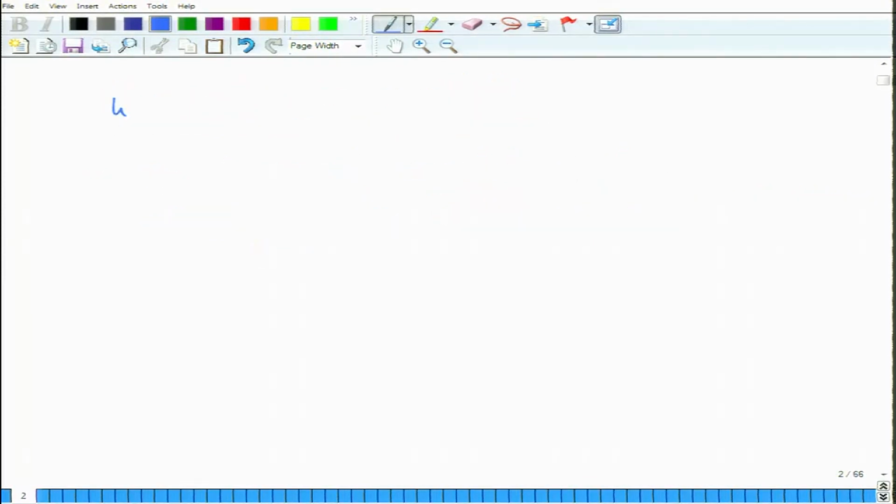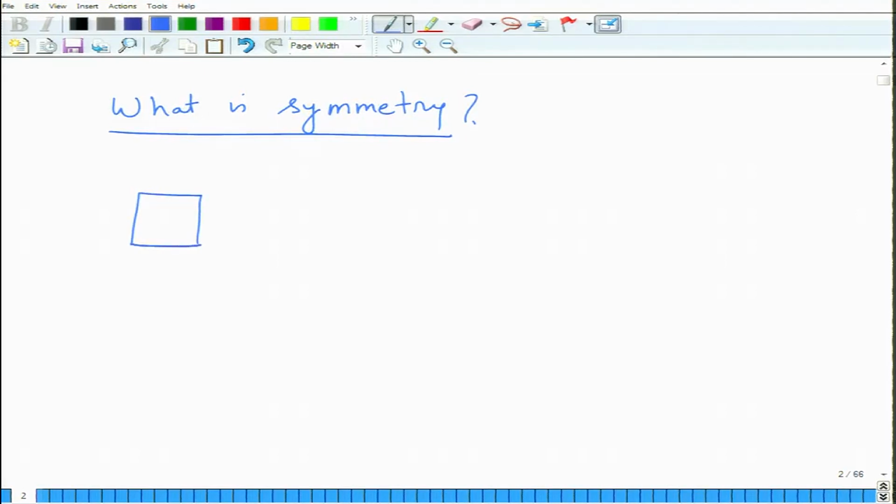So what is symmetry? That is the first question. So the answer to this question is, symmetry is an operation which brings an object into its original state. Okay. So for example, if I take this square, what is the symmetry operation I can perform on it so that it looks the same?